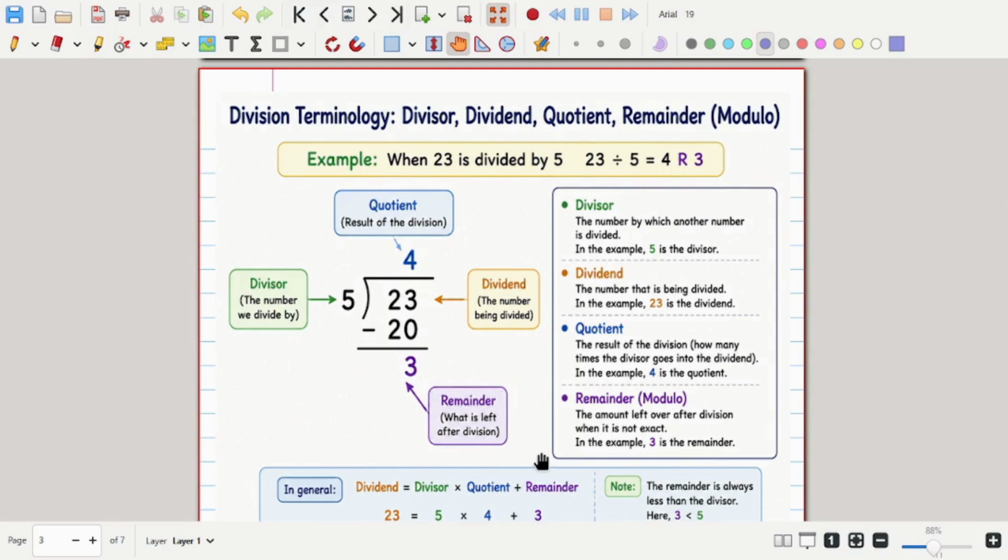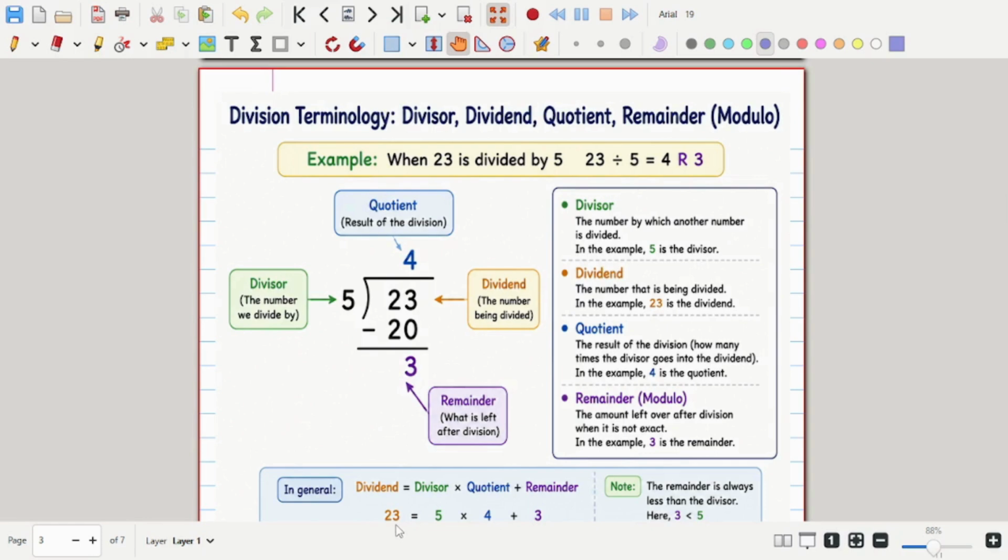So in our example, 3 is the remainder, 23 is the dividend, 5 is the divisor, and 4 is the quotient. In general it is written as dividend equals divisor times quotient plus remainder.